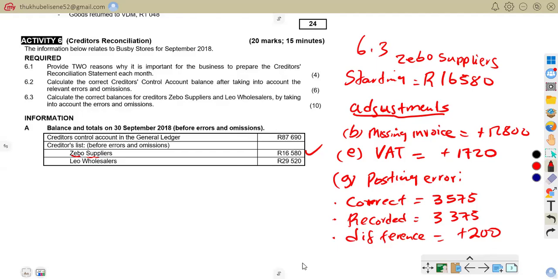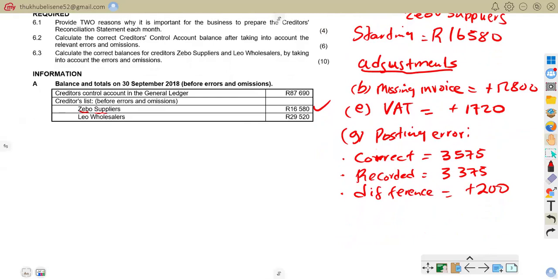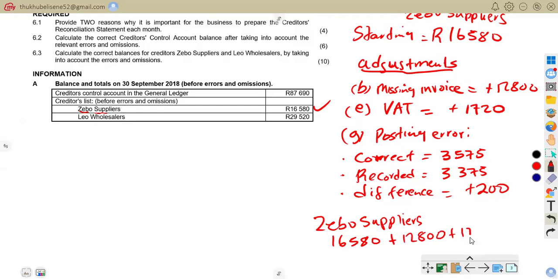So now we are to make sure that we are going to add this. Now we are to get the total of this under Zebo suppliers. Whereby we are going to have what? The starting balance, which is 16,580 plus 12,800 plus 1,720 and plus 200.